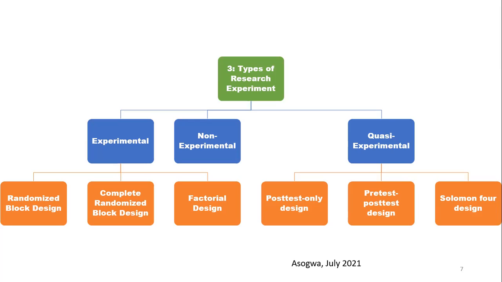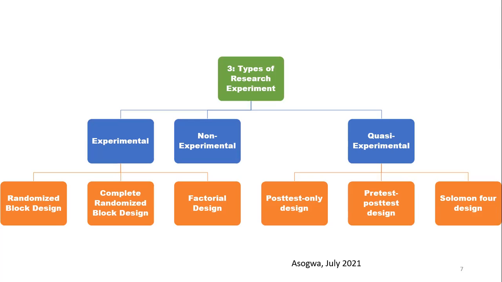Then we have the quasi-experimental. In this quasi-experimental research, certain characteristics of the variables are controlled, but not confined in a controlled condition. So certain variables, certain characteristics are controlled and then manipulated, but not totally.